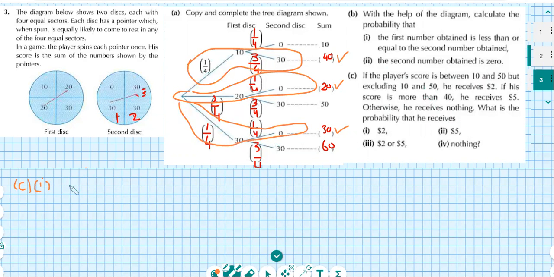So the probability will be 1 over 4. Just multiply the individual probabilities of the first and second. 1 over 4 multiplied by 3 over 4, plus, and then add them, 2 over 4 multiplied by 1 over 4, plus 1 over 4 multiplied by 1 over 4.